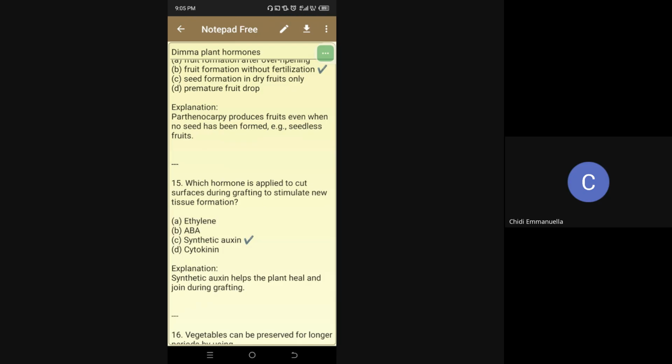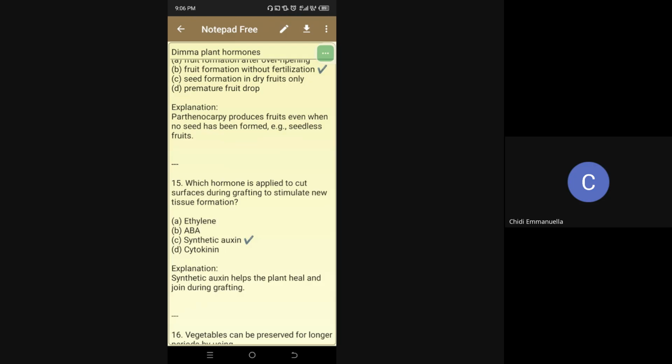We have what is known as stock and scion. The part that you cut should be the scion. You now connect it with the stock of the other stem. From there, it begins to grow. So auxin is applied. You understand?